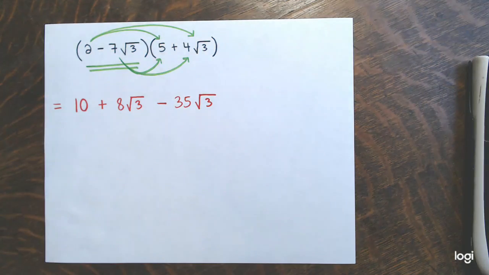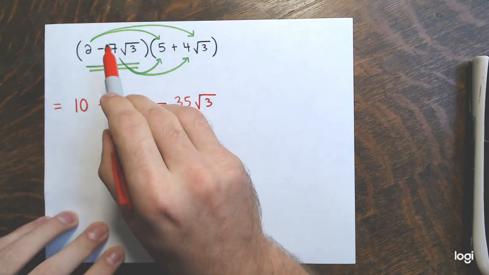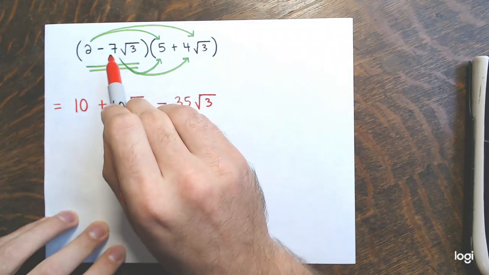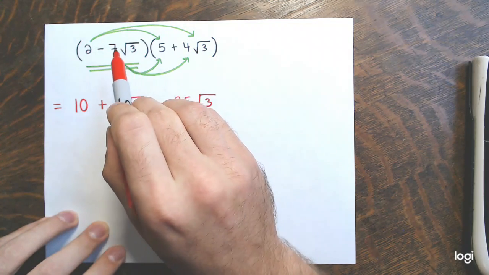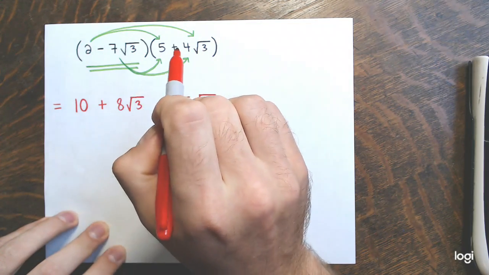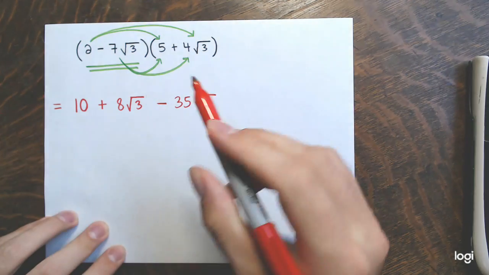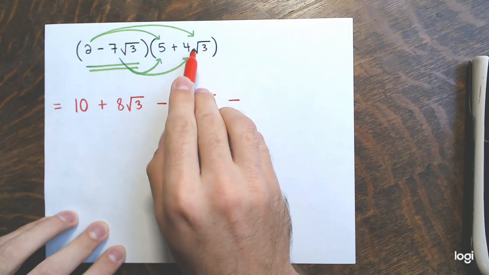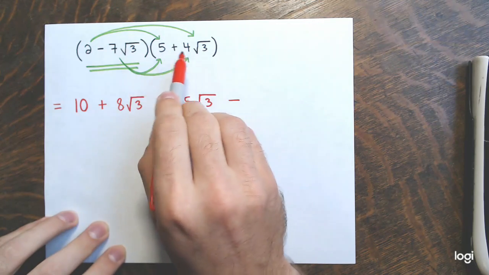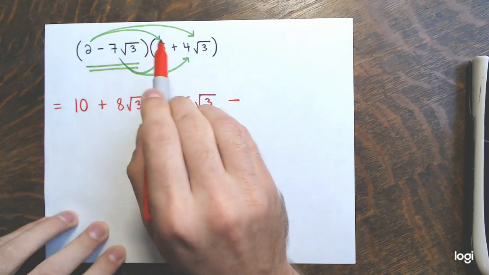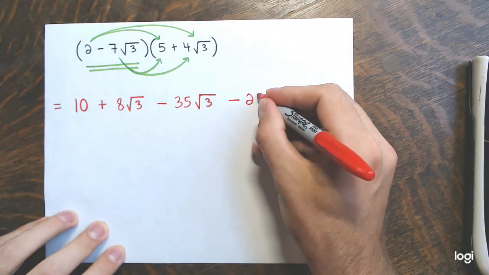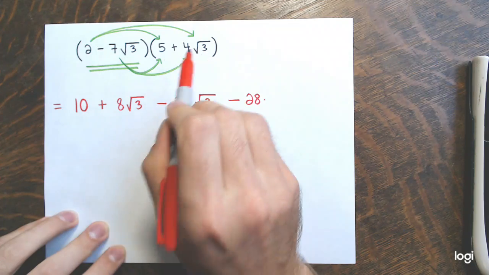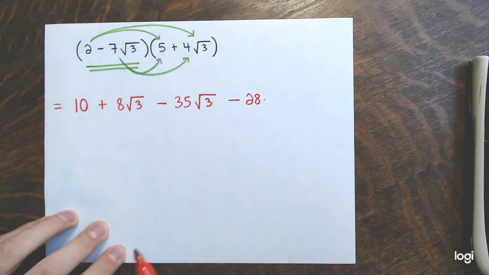Right. Okay. And then lastly, negative times positive, right? -7 times the square root of 3, times +4 times the square root of 3. So that'll be a negative result, right? Negative times positive. And if you rearrange the factors, you can have the 7 times the 4, 28, times the square root of 3 times the square root of 3, which you can use the product rule for.